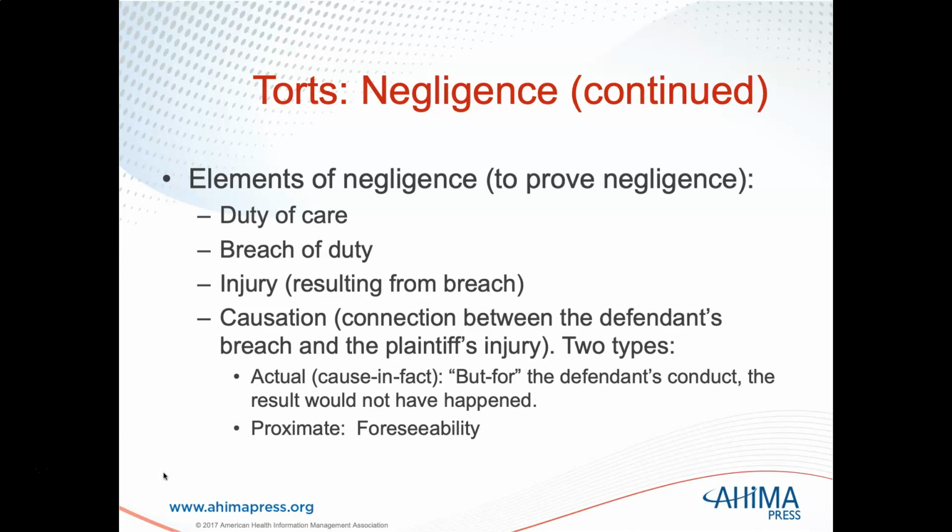So that causation can be actual, or it can be proximate, that it was clearly foreseeable that what they did or didn't do would have caused it, or would have resulted in the injury. So as a plaintiff in a negligence tort case, you have to prove those four elements in order to win your case.